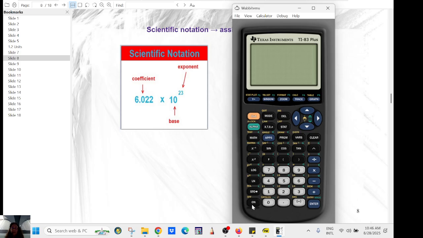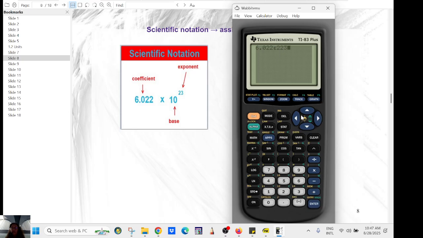So for example, here, if you want to go very quick with the TI, you take that number, I think it's the Avogadro number, 6.022, and then you go second comma. Here, that will be your power of 10, and then 23.